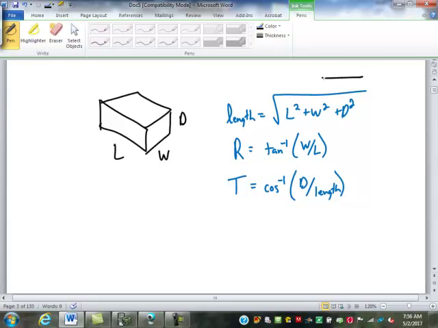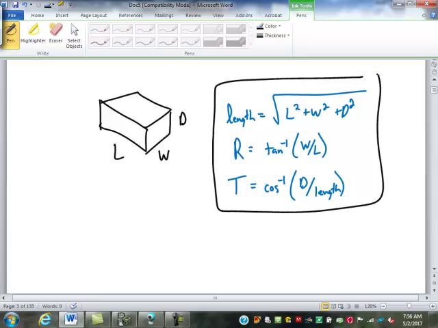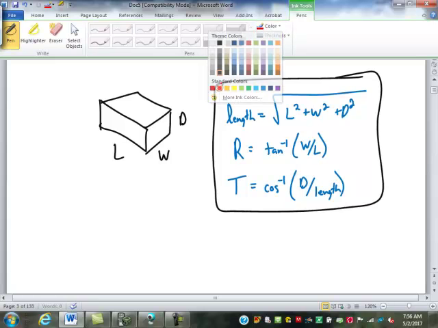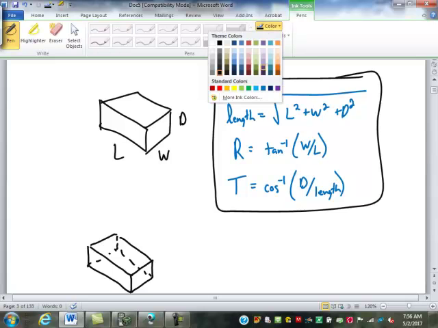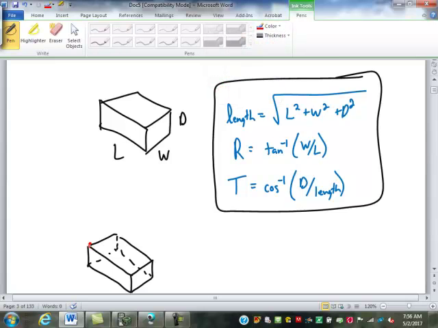Memorizing these formulas is fine if that's what you want to do, but it's better in my mind to understand where they come from, because what happens if we switch it up and now, rather than drilling top rear to lower front, what if we're drilling top front to lower rear like that?